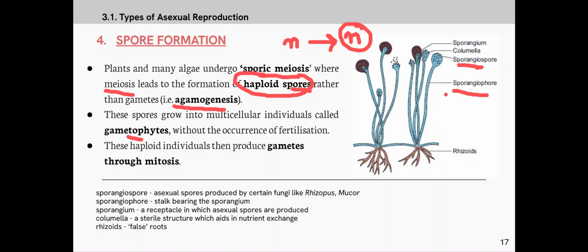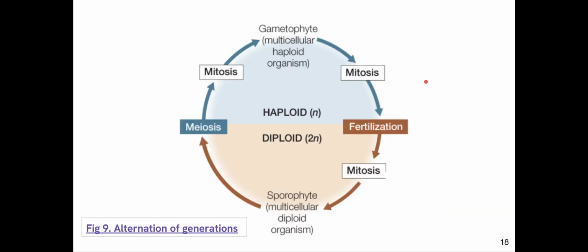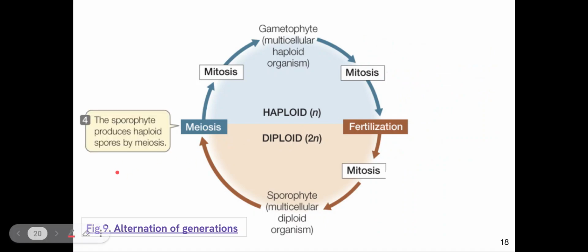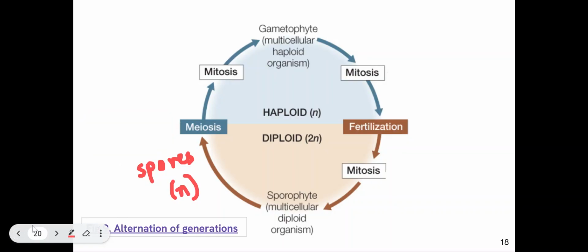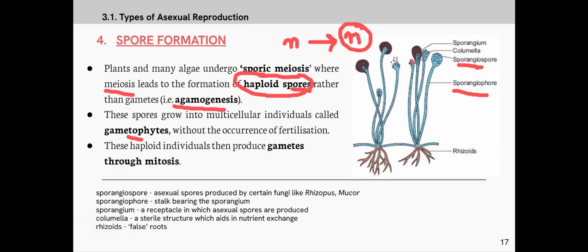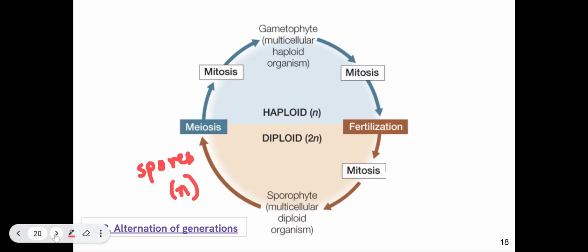So this is the sporophytic body of Rhizopus, the spore bearing body. Now this spore bearing body produces haploid spores by meiosis, like this one. You can see the spores are being produced and released.